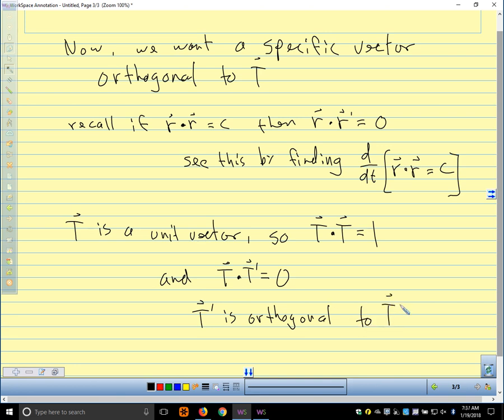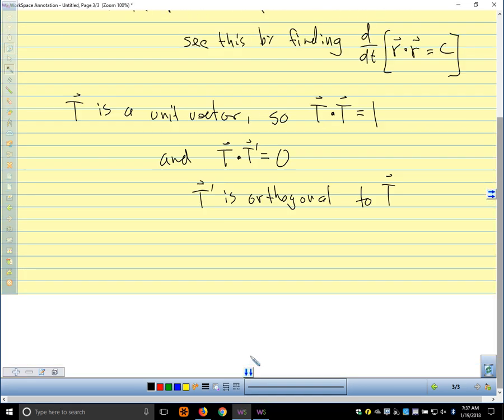It would be normal to the curve, but it's orthogonal to T. So what we're going to do is normalize T prime, because T prime is not necessarily a unit vector. T is a unit vector, T prime is not necessarily a unit vector. Normalize T prime to define our unit normal vector.